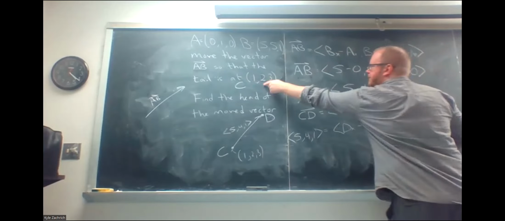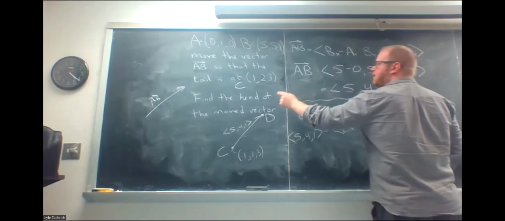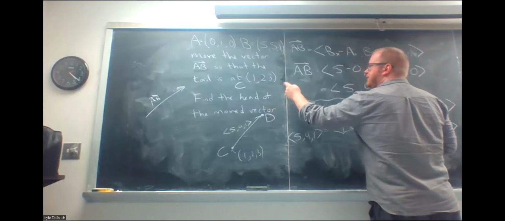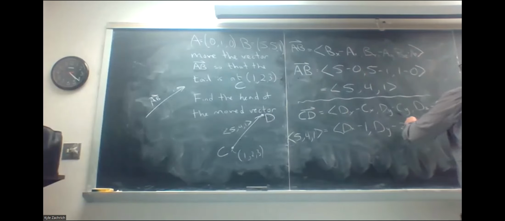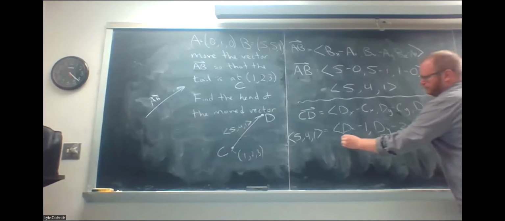Cy is 2. Dz we're not sure of, but Cz is going to be 3. Now you've just got 3 equations, and you're trying to solve for dx, dy, and dz.